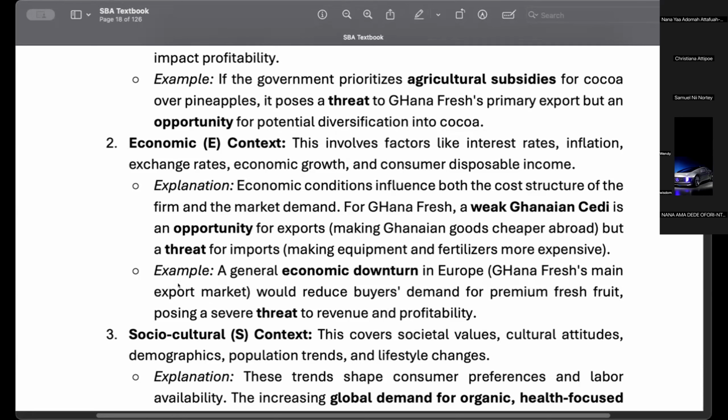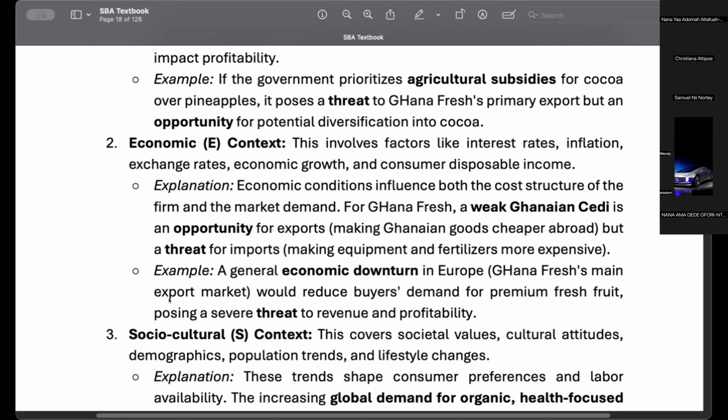For GH Fresh, a weaker Ghanaian cedi is an opportunity for export, but a threat for import, because when you're importing, it may cost more to buy those equipment. And sometimes there is a general economic downturn in Europe, GH Fresh's main export market. GH Fresh's product is a premium fresh food that they are sending to the UK and other parts of Europe.